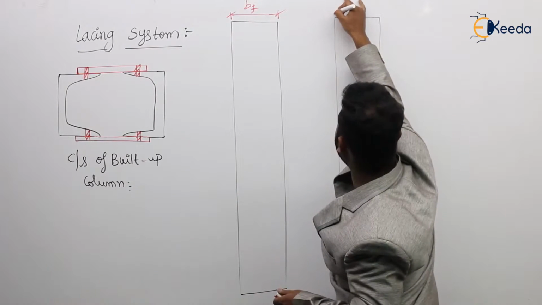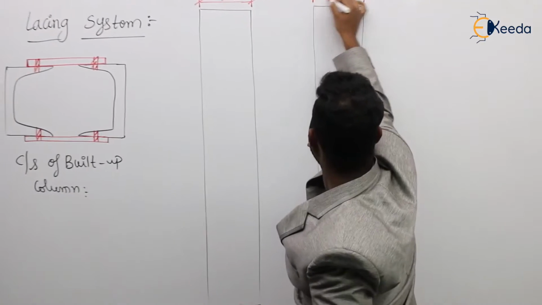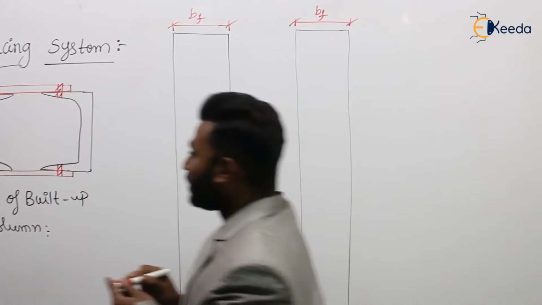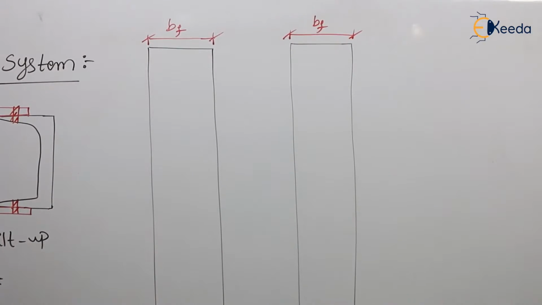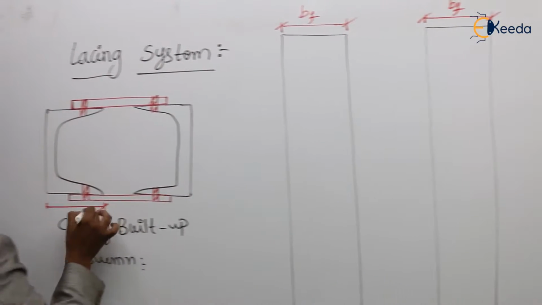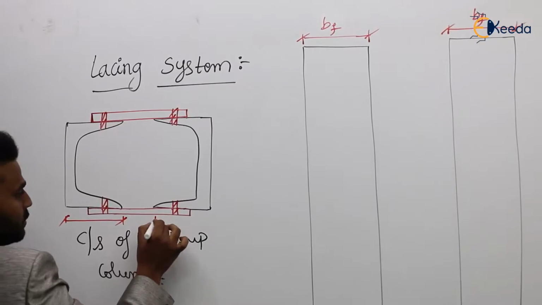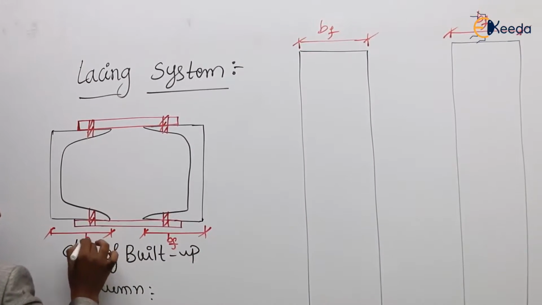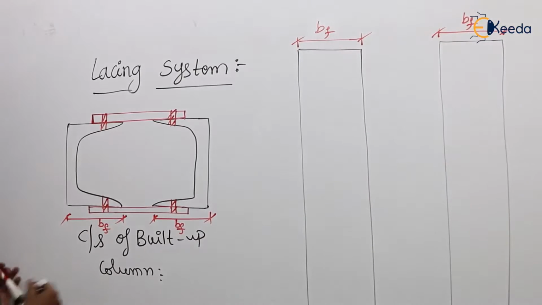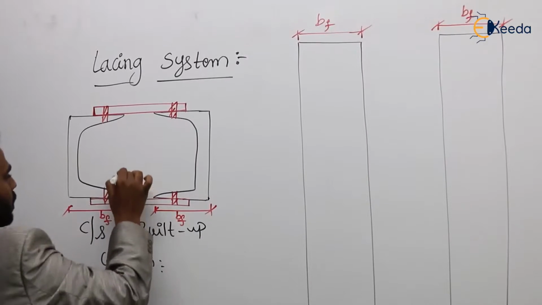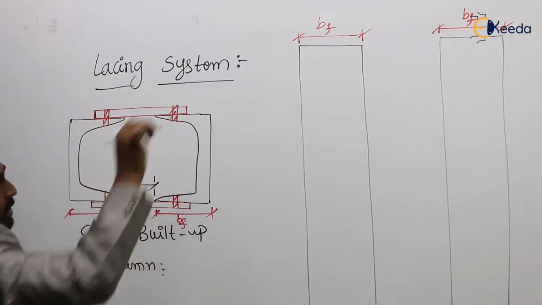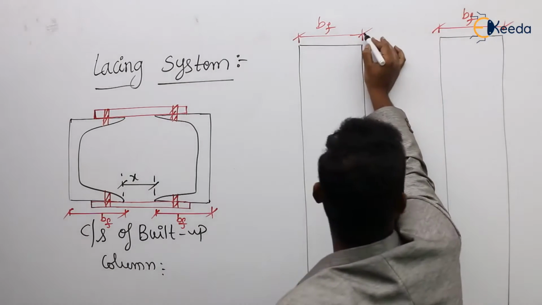And this is also the width of the flange, BF. If we want to show the same in this diagram, this is the width of the flange. And here also this is the width of the flange, BF. And here this is the spacing between those two channels or two components, X. So in this diagram, this is X.